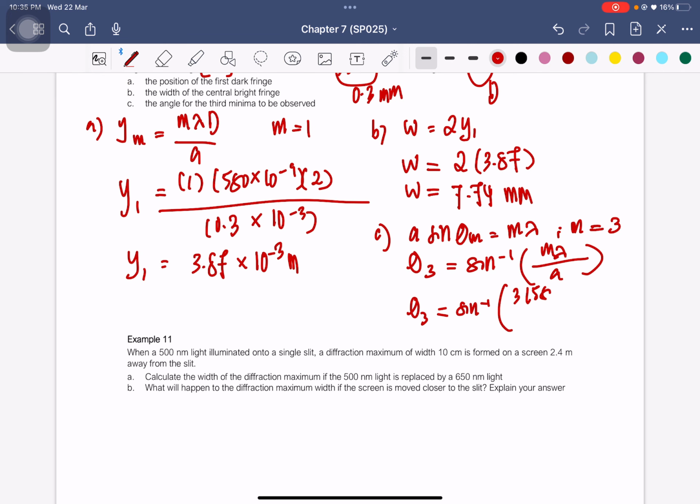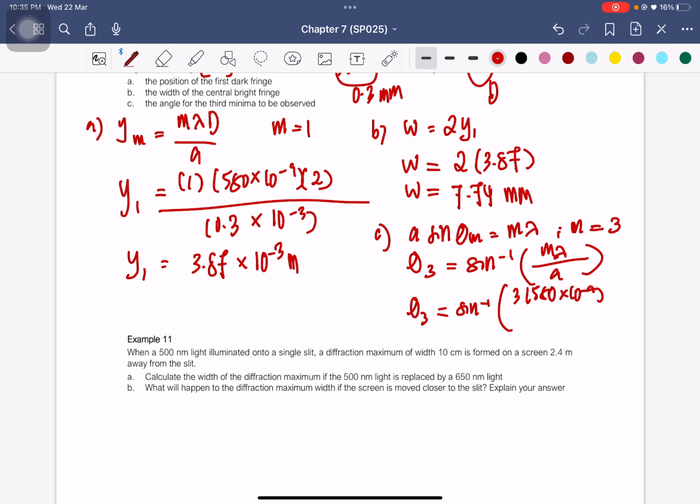580 times 10 to the -9 divided by 0.3 times 10 to the -3 millimeter. So you will get the angle for the third minima, let me just calculate it first. 580 nano divided by 0.3 times 10 to the -3.